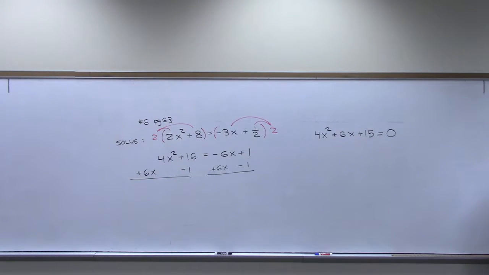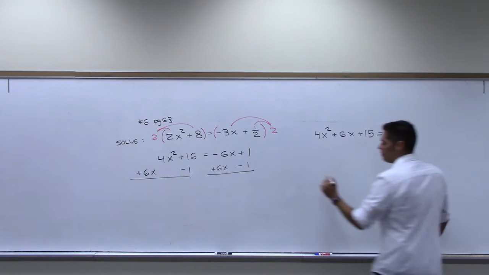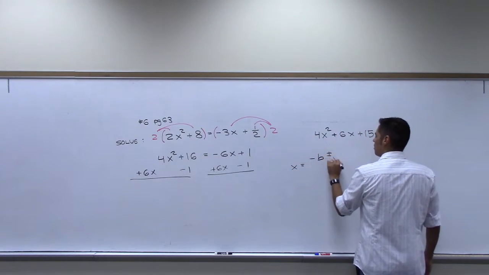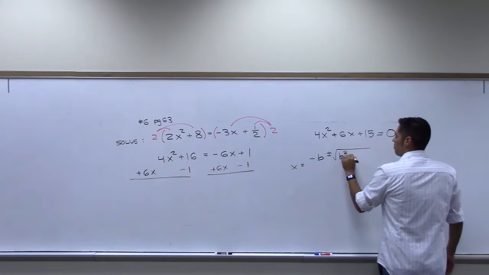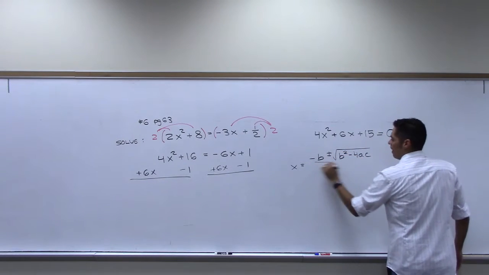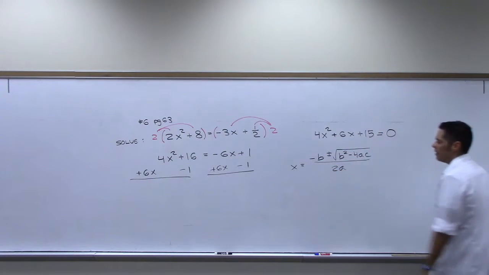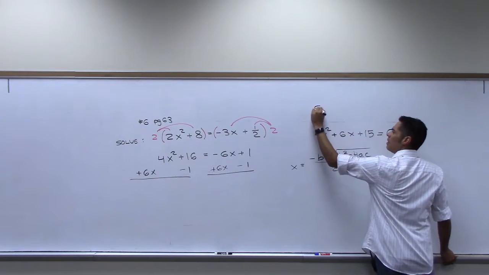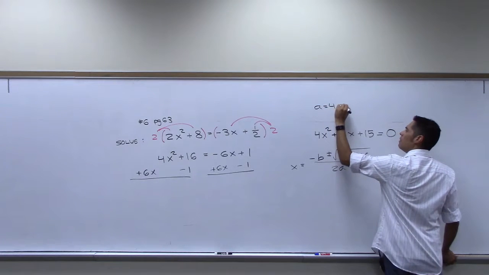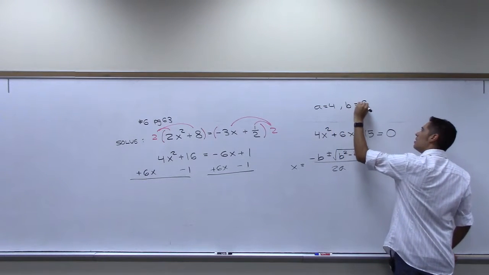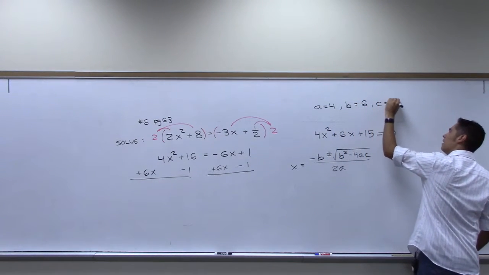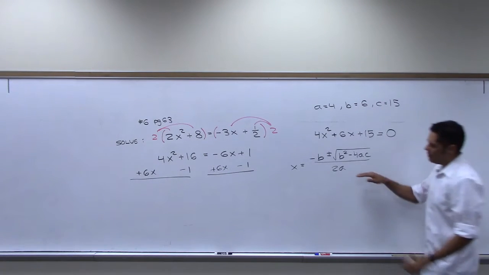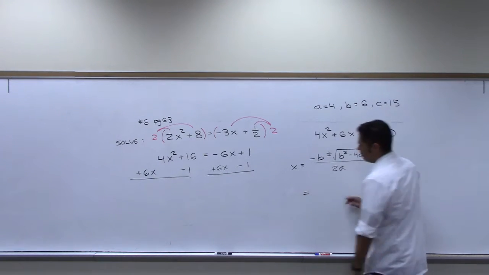All right, so go straight to the quadratic formula. I'm going to be plugging into x equals negative b plus or minus the square root of b squared minus 4ac, all over 2a. So that's what I'm plugging into. Let me identify a, b, and c here. A is 4, b is 6, c is 15. So this formula becomes what?